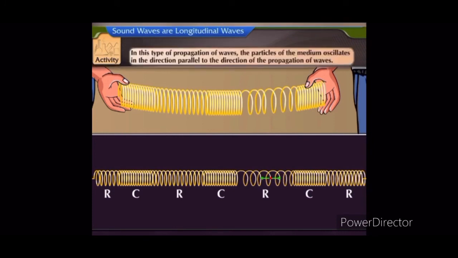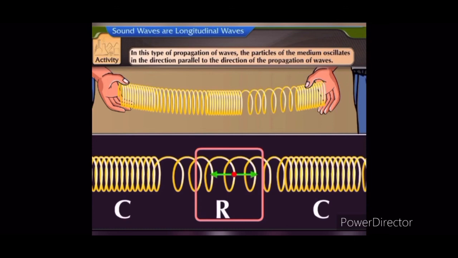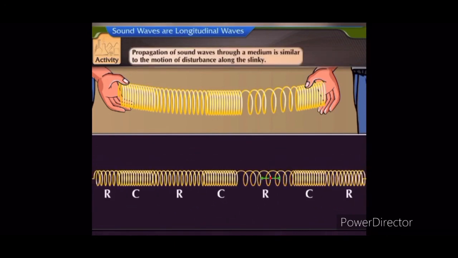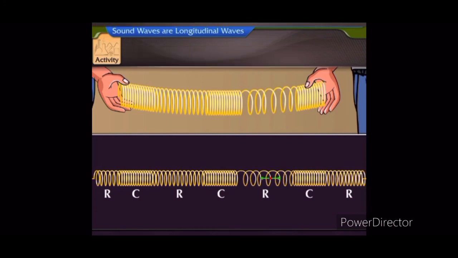In this type of propagation of waves, the particles of the medium oscillate in the direction parallel to the direction of propagation of waves. Propagation of sound waves through a medium is similar to the motion of disturbance along the slinky. Hence, sound waves are longitudinal waves.